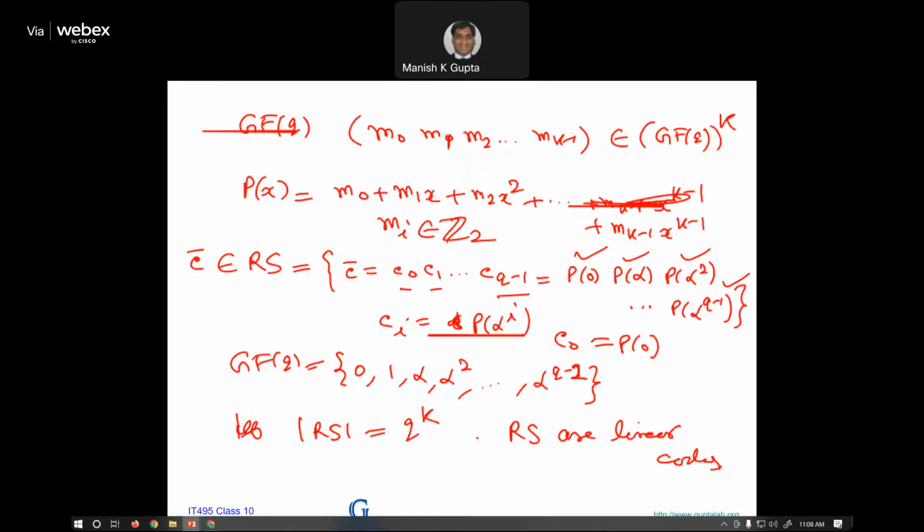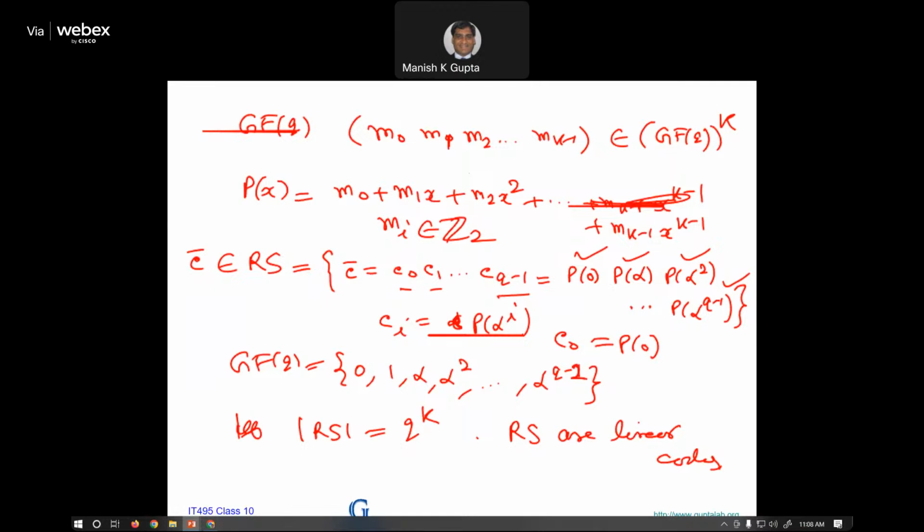So what is the length of each code word? q. There are q symbols in the Reed-Solomon code. So obviously, what will be the overall size?